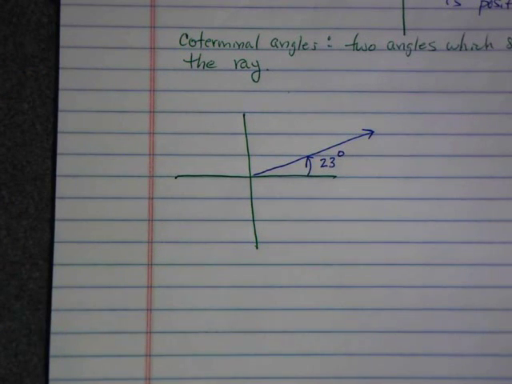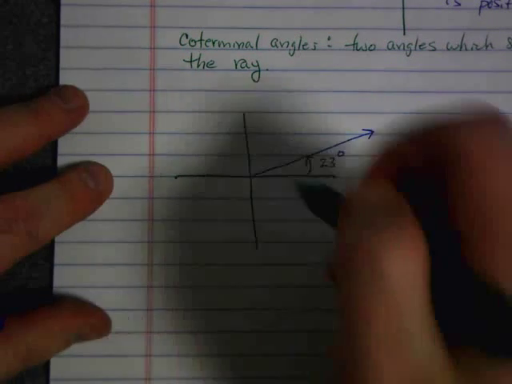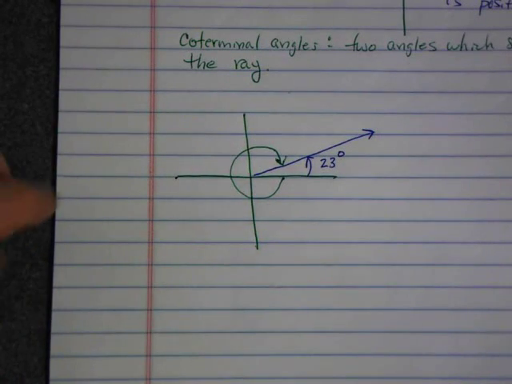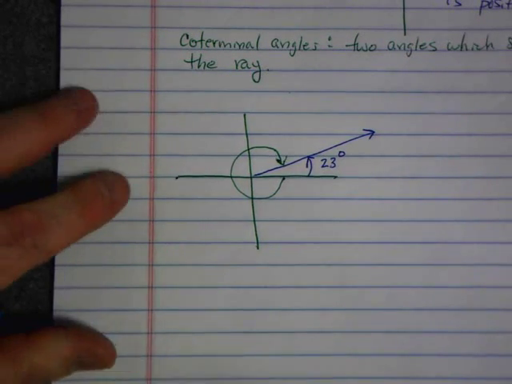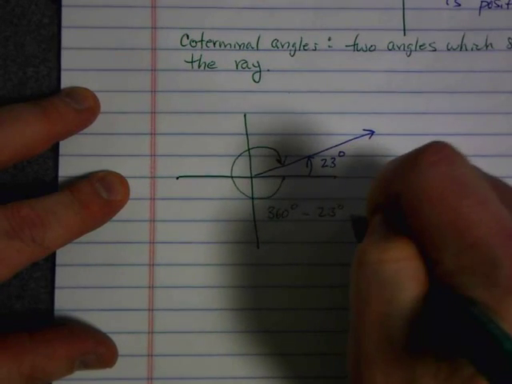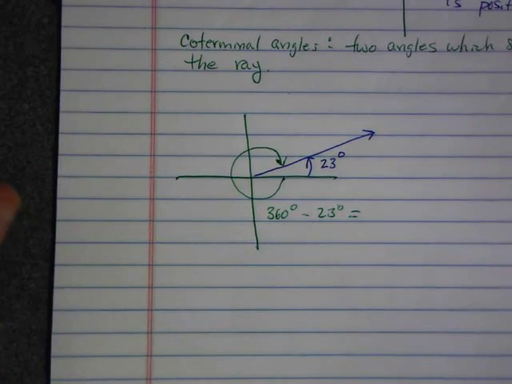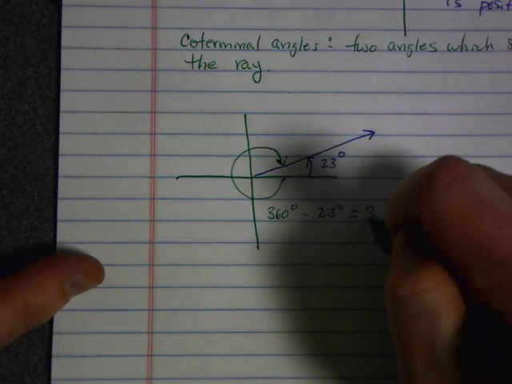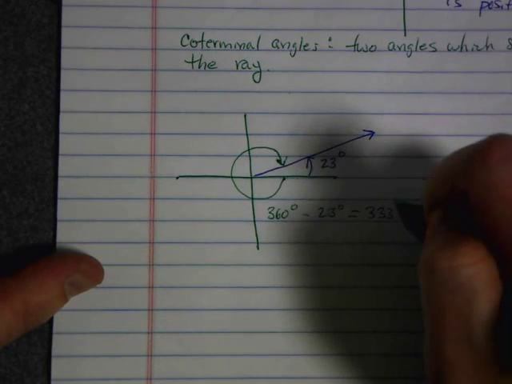So a coterminal angle, if I wanted to measure in the other direction, this angle would be 360 degrees minus 23 degrees. What's 360 minus 23? 337.